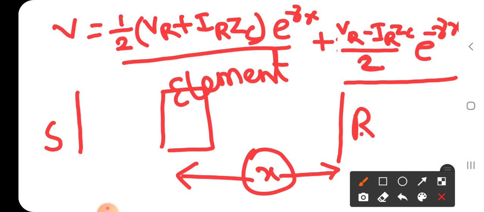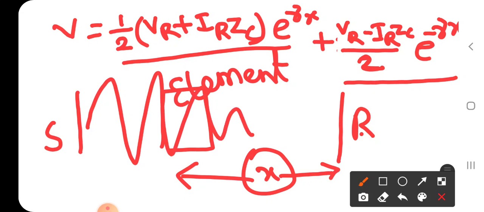Of these two components, one is the incident wave and the other is the reflected wave. Suppose I have an incident wave. When I send the voltage from the sending end with great magnitude, it reaches the receiving end, that means starting with high magnitude and ending with low magnitude.